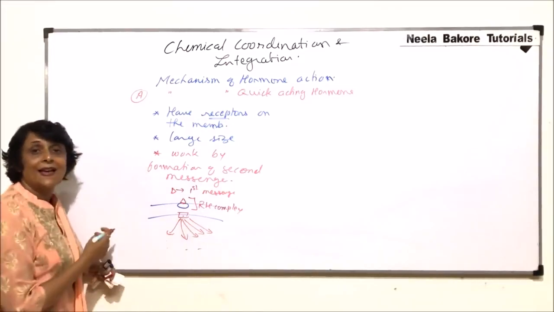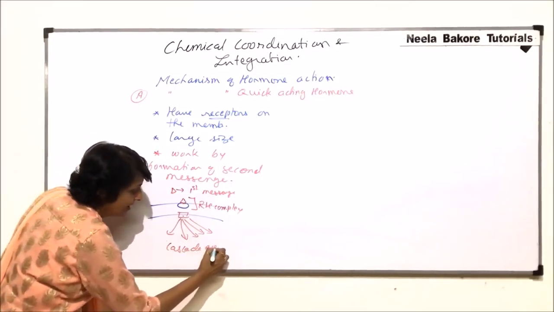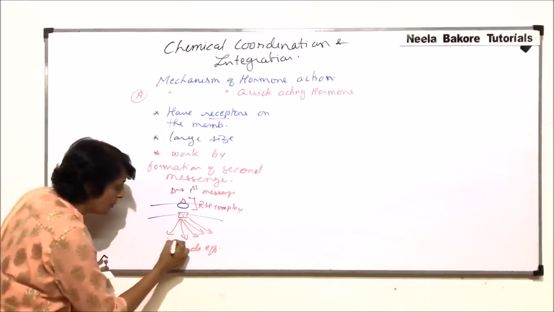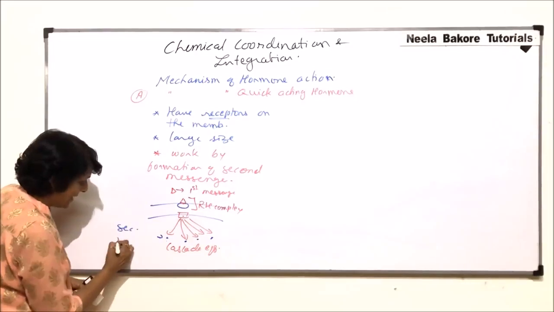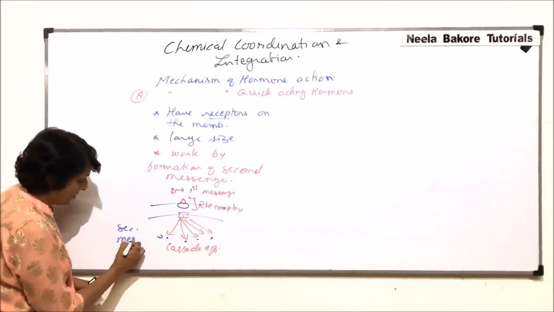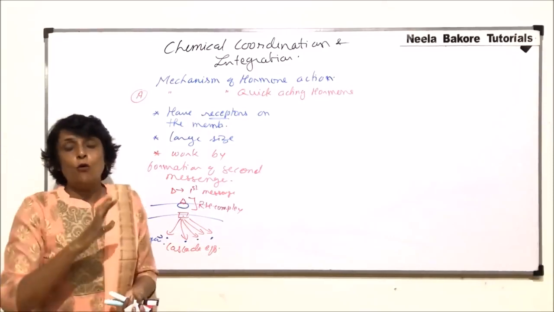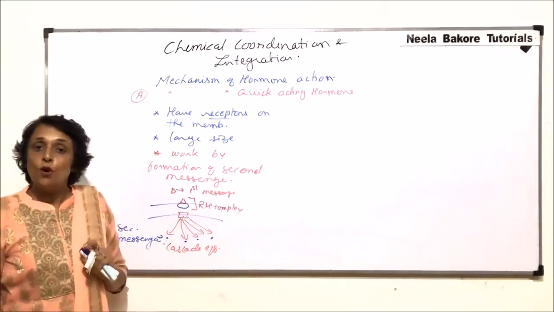This is known as a cascade effect. This cascade effect would be brought about by certain molecules which would be produced here, and these molecules would act as the second messengers. So this is the brief outline of how the second messenger system is going to work.